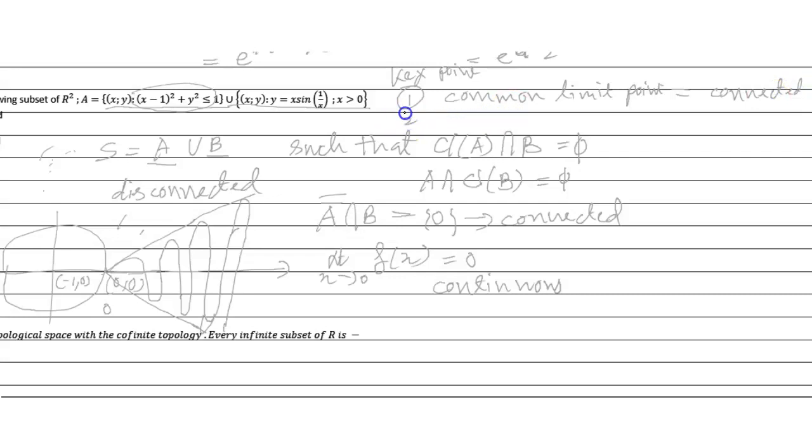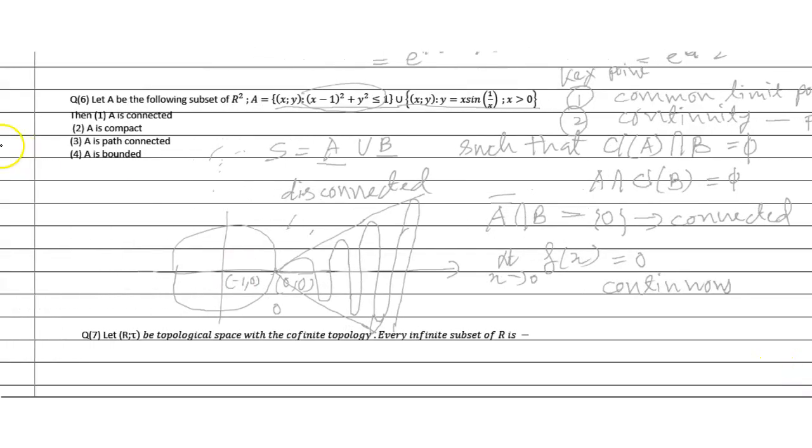And number two, continuity. Continuity means path connected, friends. So this set holds both conditions. So my answer is A is connected and A is path connected.